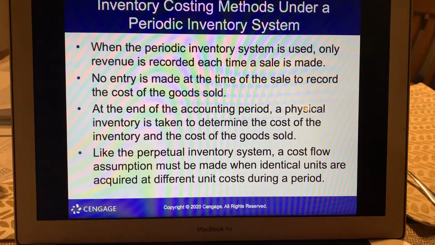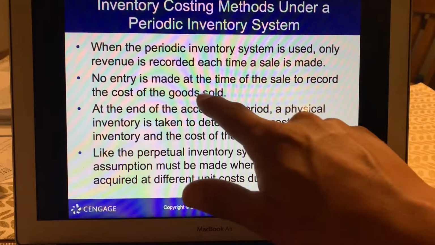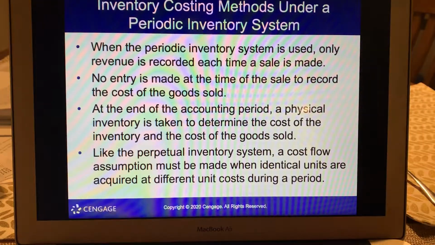So when the periodic inventory system is used, only revenue is recorded each time a sale is made. No entry is made at the time of the sale to record the cost of goods sold. At the end of the accounting period, a physical inventory is taken. So keep in mind, all of the cost of goods are done at the end, okay?